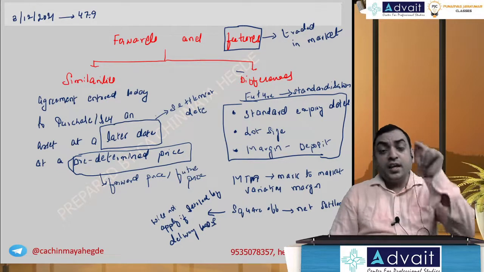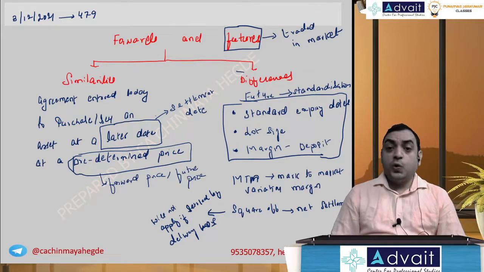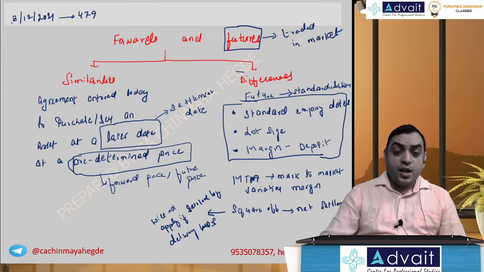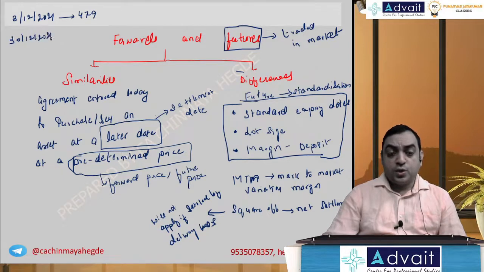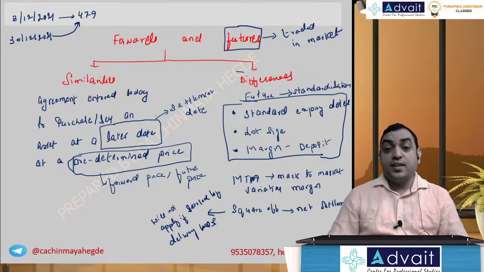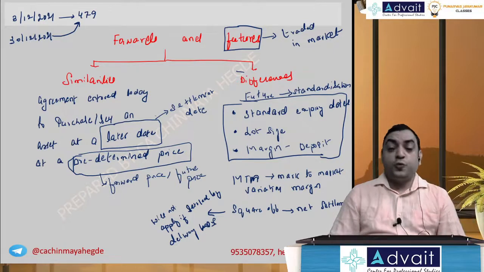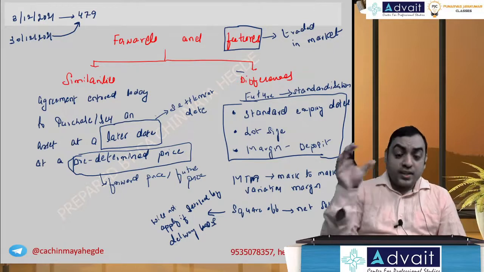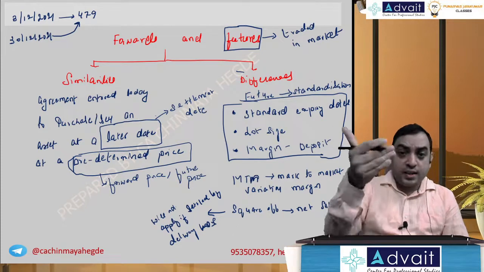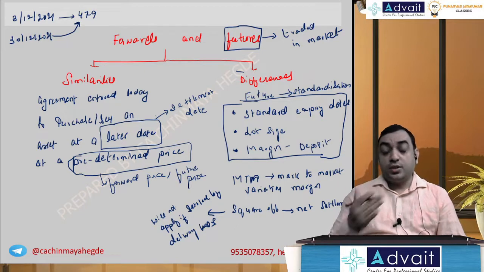Now 479, are you paying it today? No, sir. When are you going to pay? You are going to pay on 30th of December 2021. Agreement to buy at 479. On 30th of December, you pay 479, you receive the shares.